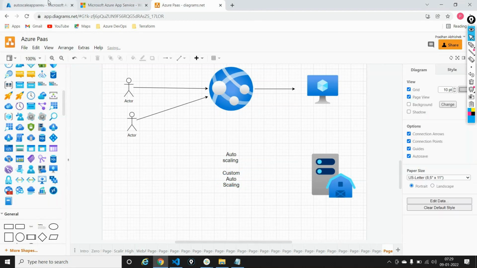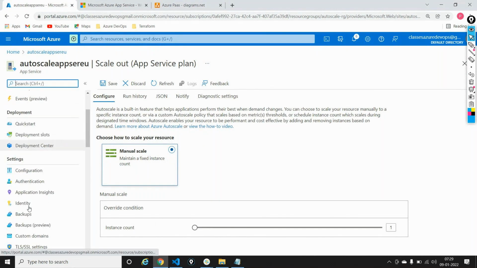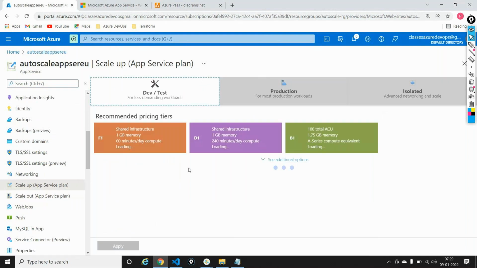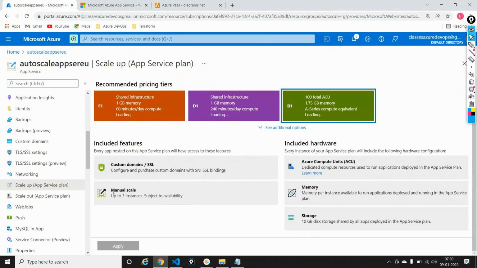To explain this concept, the plan B1 that we scaled to doesn't support it. The plan B1 that I just scaled up to can only support manual scale, a maximum of 3 instances, meaning you can have a maximum of 3 virtual machines running in the backend.